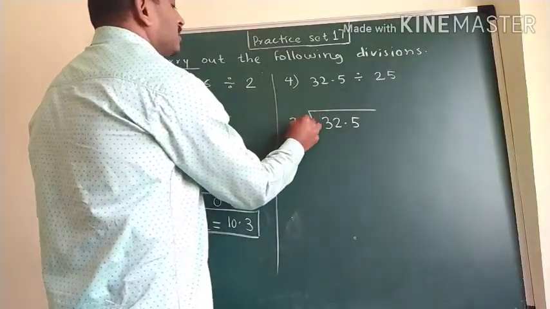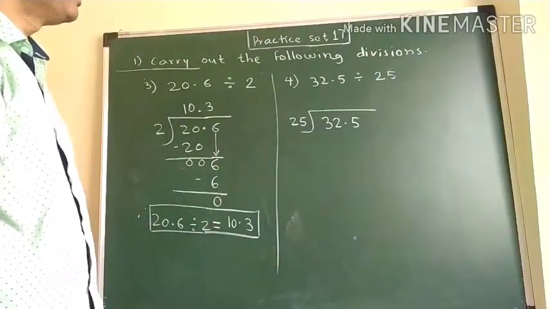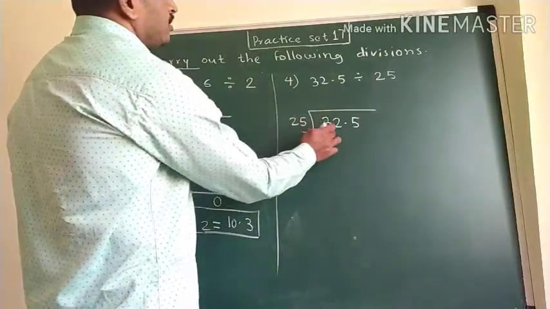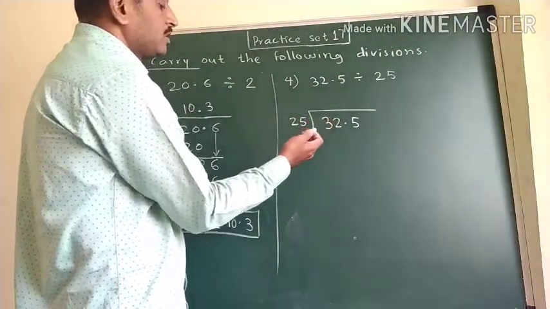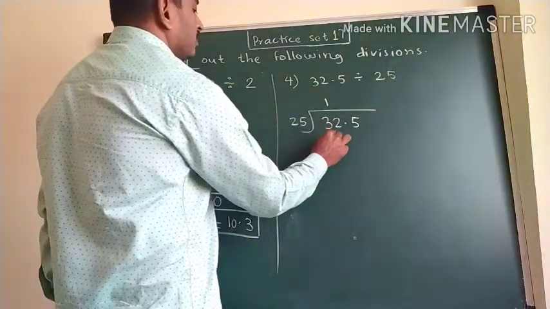So this decimal number is inside, and 25 is outside because 25 is dividing this 32.5. Now 25 ones are 25, 25 twos are 50, so 50 is not there, the number is less than 50. That's why 25 ones are 25.